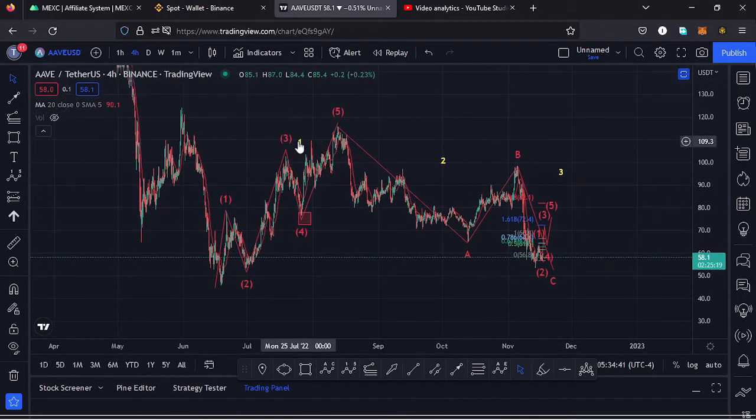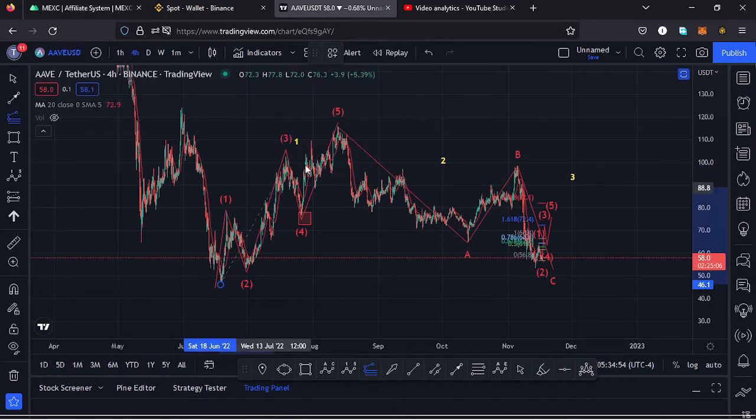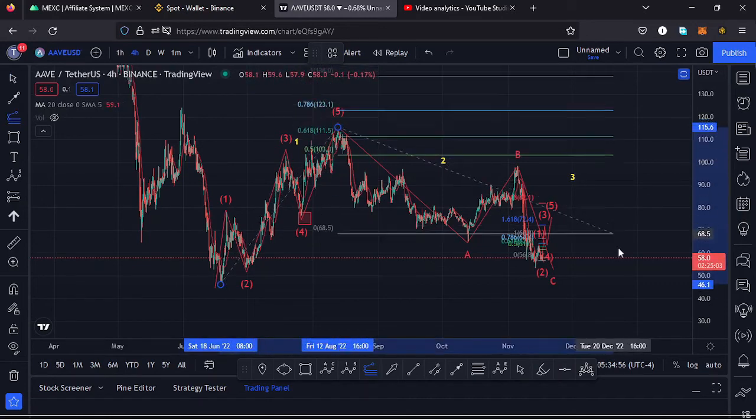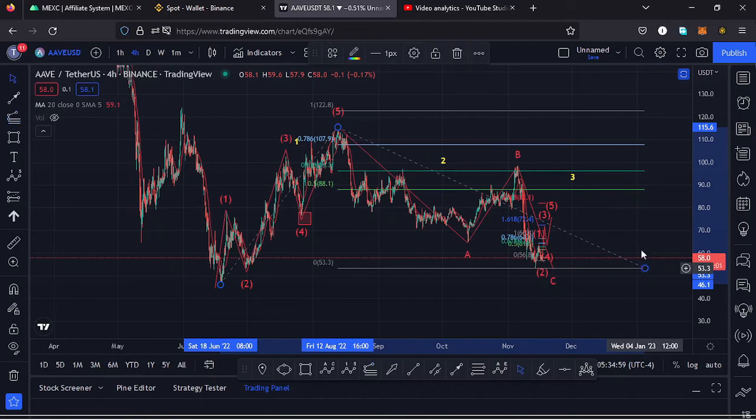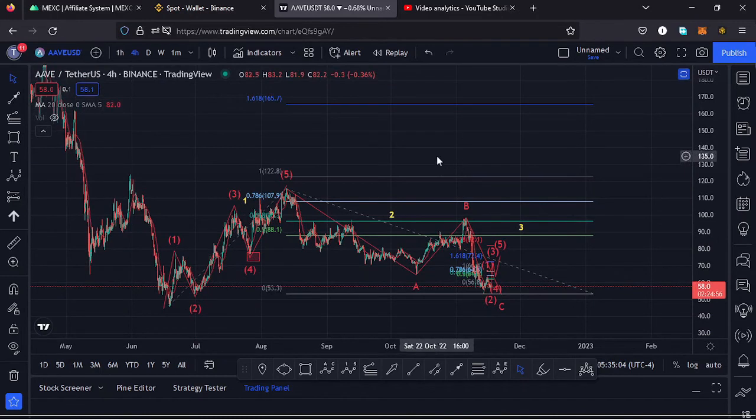You can see we have the formation of that wave 1, then a wave 2, then I'm expecting an impulsive movement to the upper side in the formation of this higher Elliott wave count 3, and we can sketch out a minimum target area of that wave 3 using the trend based Fibonacci like that, then dragging the fibs to the low of the wave 2 down here, and that gives me a minimum target area to the upper side at the fib level 1.618, and that is at around the $165.7 mark. And in case we also use the fib ratios 1:1, that can travel back to around the $122.8 mark. So let's be patient and see how that plays out.